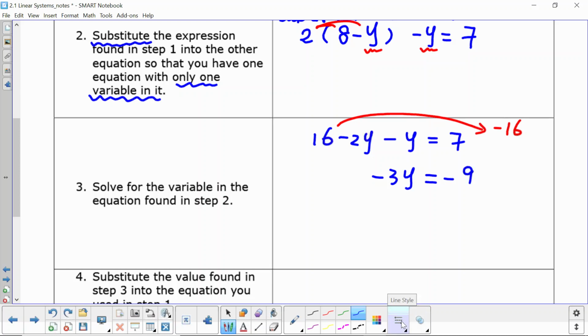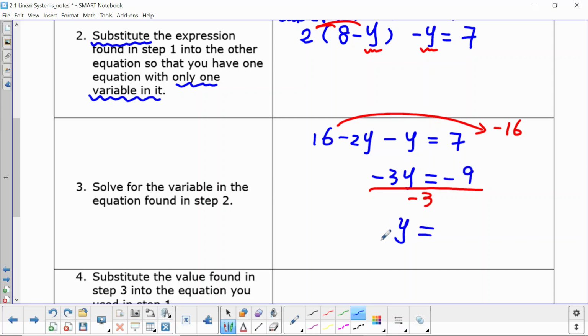Then you are going to continue to solve for y. You are going to move the -3 to the other side. Opposite operation, divide by -3. Divide -3 on each side. -3 divided by -3 gives you 1, so you just have 1y.